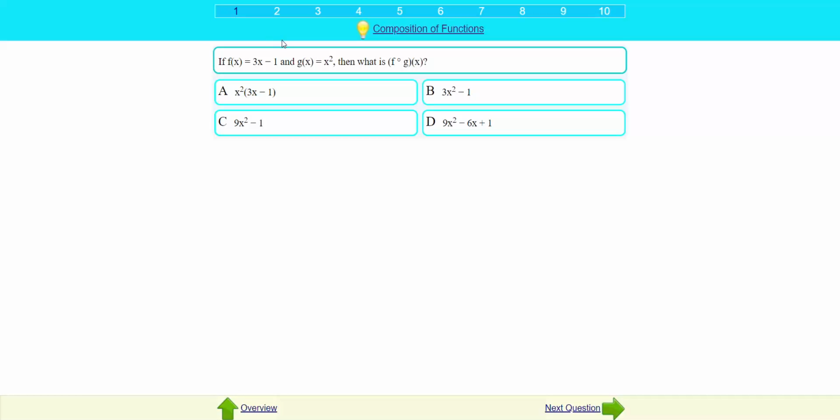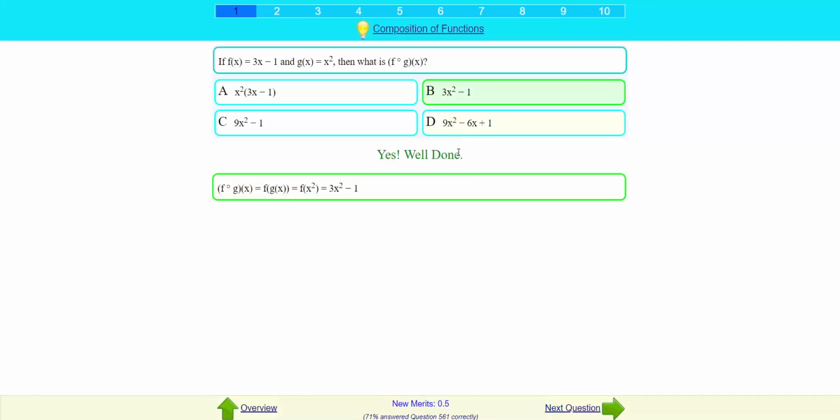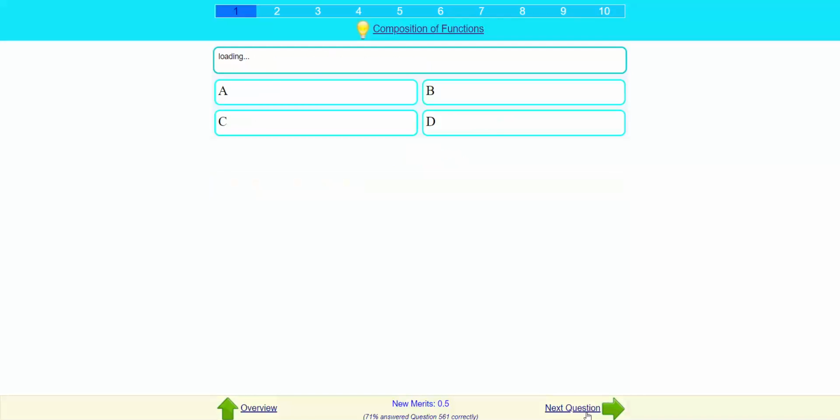composite functions. Alright, so f of x is 3x minus 1, g of x is x squared. So g of x is first x squared applied to this, so 3x squared minus 1. So 3x squared minus 1. Next question.